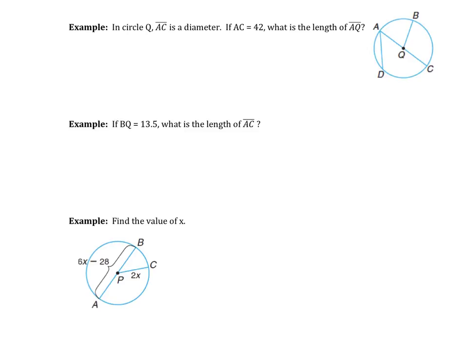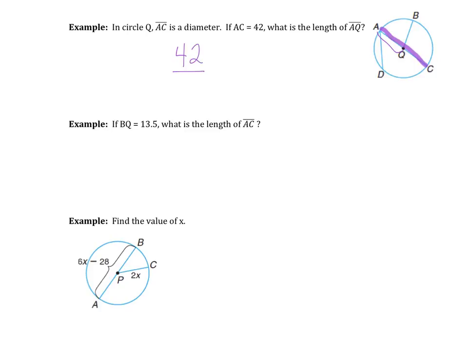All right, so we're going to use that piece of information here to help us answer these questions. In circle Q, AC is the diameter. So I'll go ahead and highlight my diameter. Right there, AC is my diameter. I'm told that AC is equal to 42. We're going to find the length of AQ, and AQ is a radius. So the radius is going to be half of the diameter.